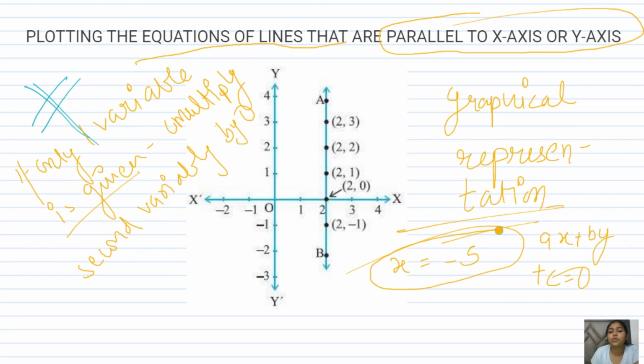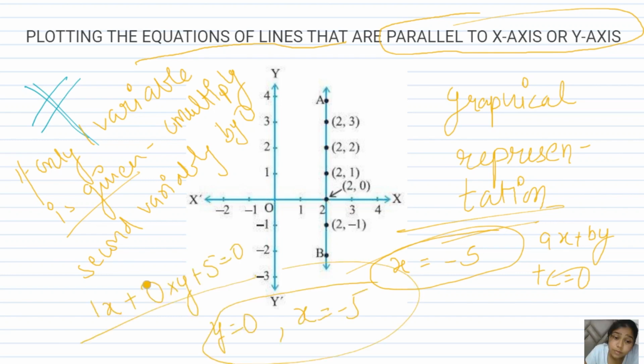But if y is multiplied by 0, it is not always compulsory that y equals 0. y can be any value, because if we multiply any number by 0, we always get 0. y can be 1, y can be 2, y can be 3.